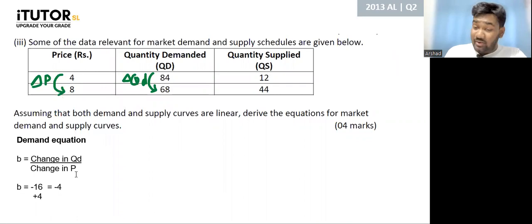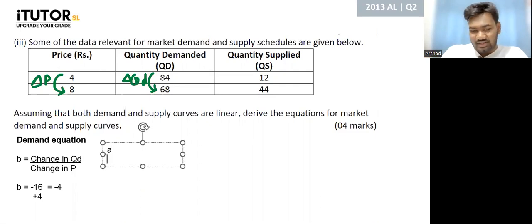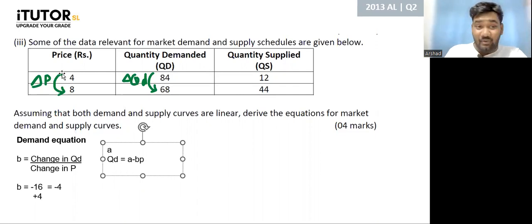Okay. Now what do I do? Once I found the B component, I now have to find the A component. To find the A component, I will substitute. So QD equals A minus BP. I'll take any point that I like. Let's take the first point below. At that point, QD is 84. How much is A? I don't know, I'm finding A. How much is B?